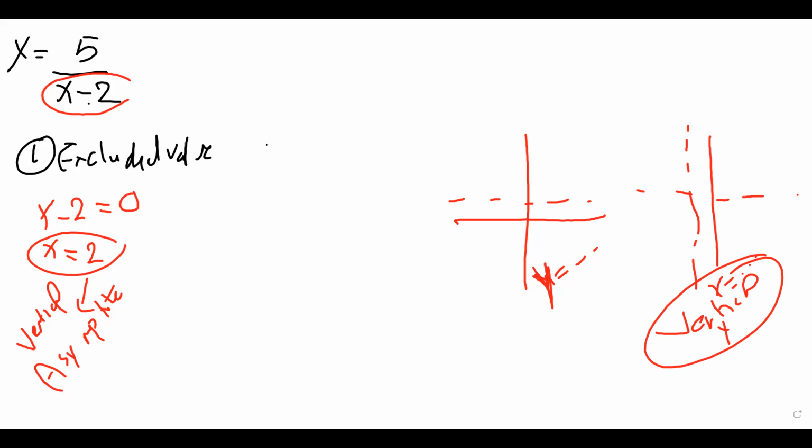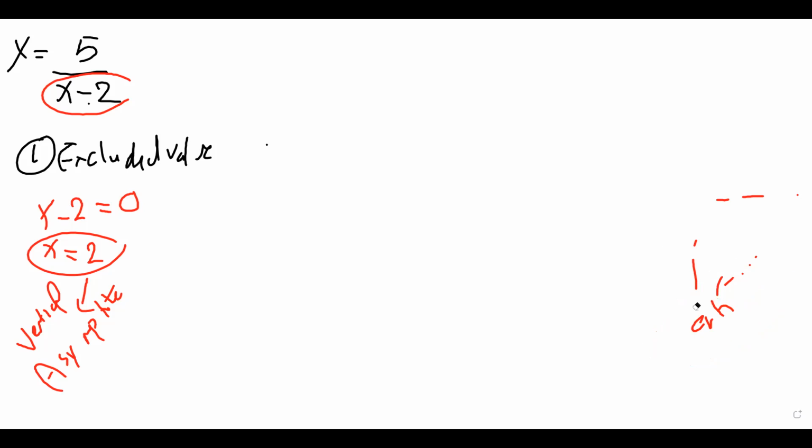Then after I found the vertical asymptote, let's now graph it here in the coordinates.